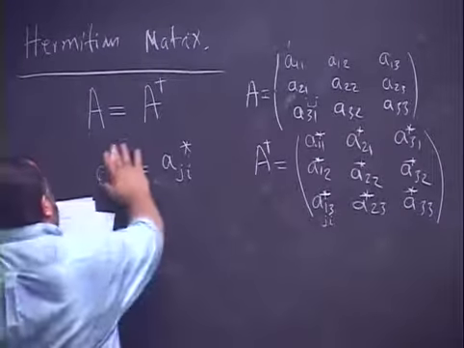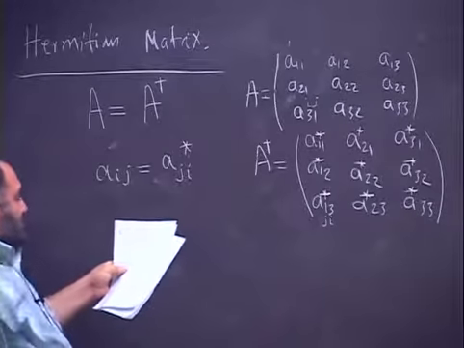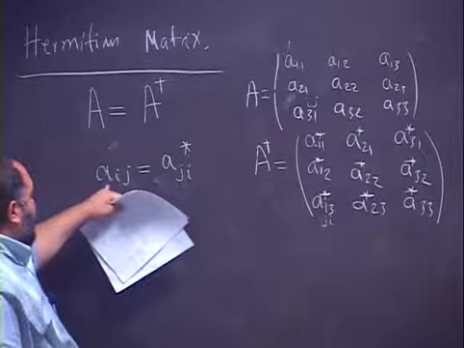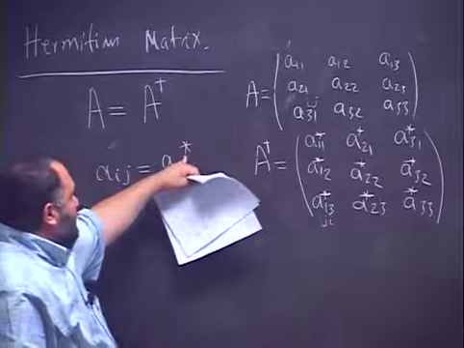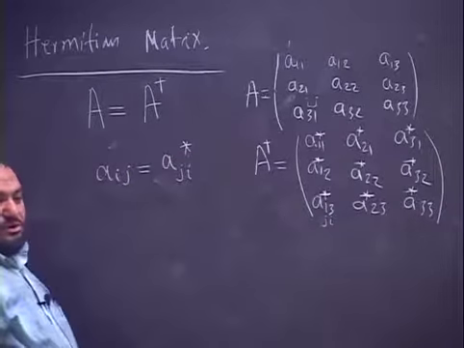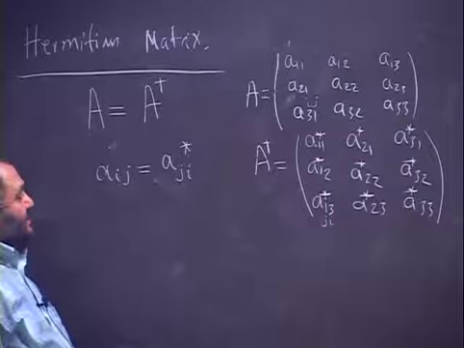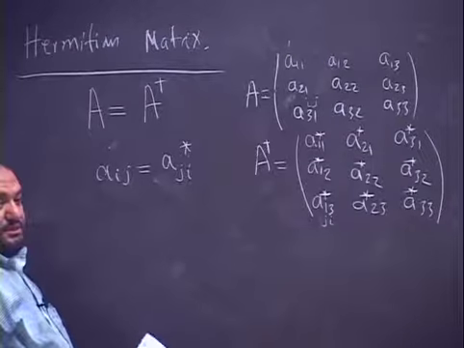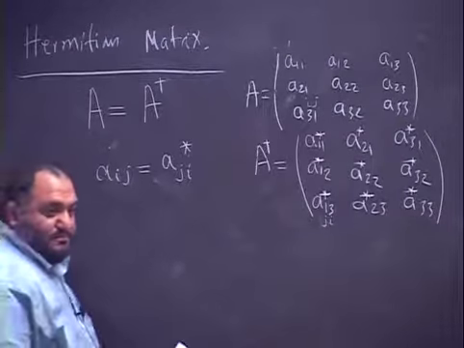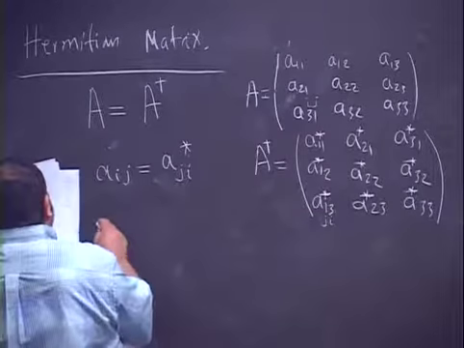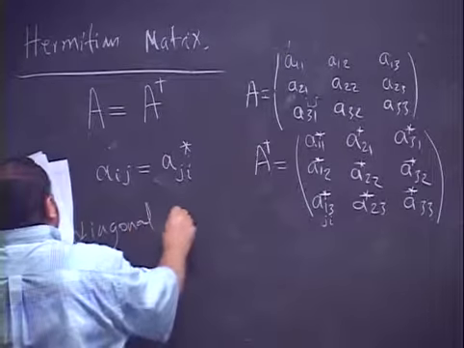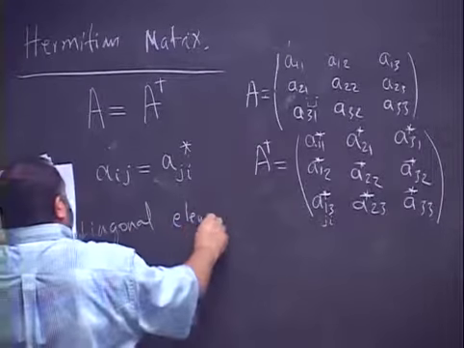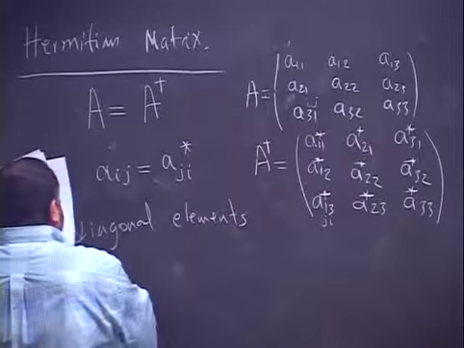So what does it mean if you have an element of the matrix equal to its own complex conjugate? Real. Yes, real. So this entails that the diagonal elements must be real.